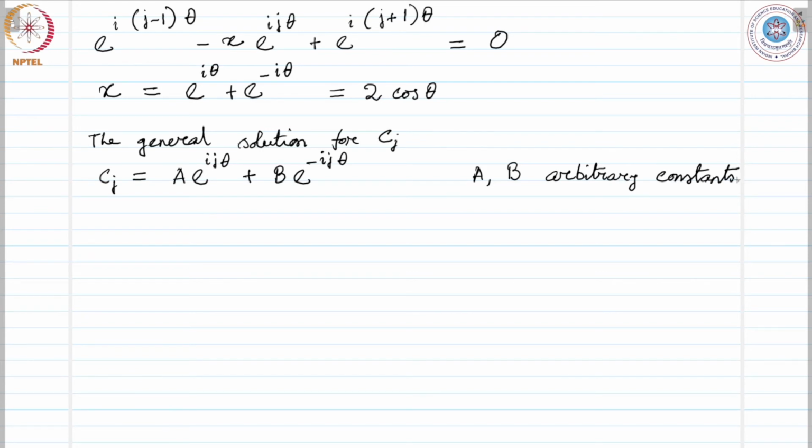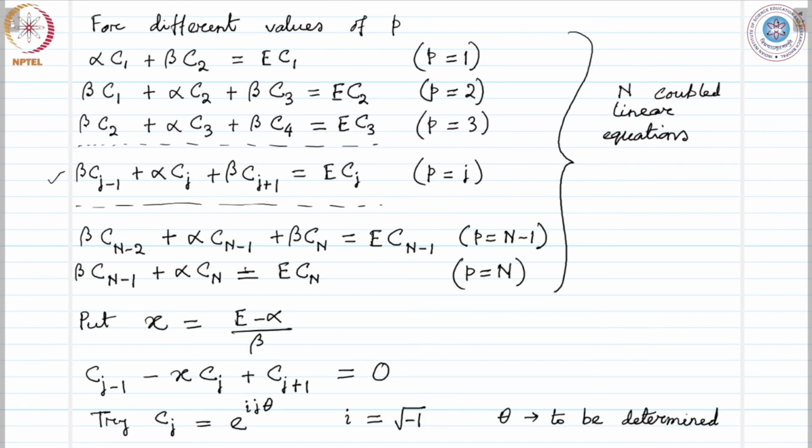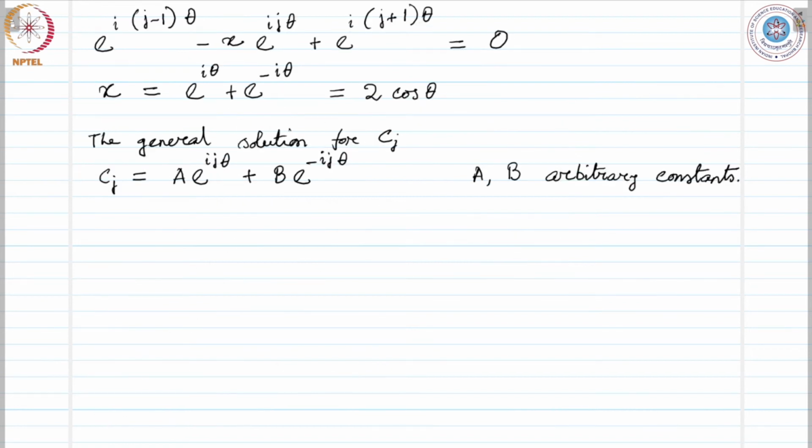How do we determine A and B? If we go to the end positions, that is the left side end of the chain, this first equation here, and the right side end of the chain, that is the last equation here, these equations will help us determine A and B.